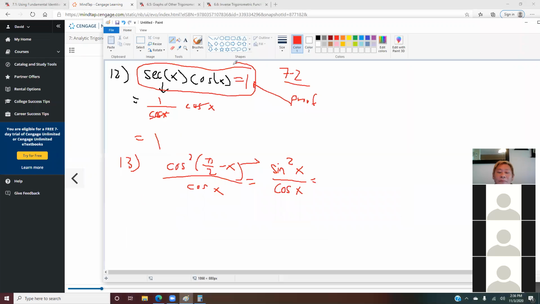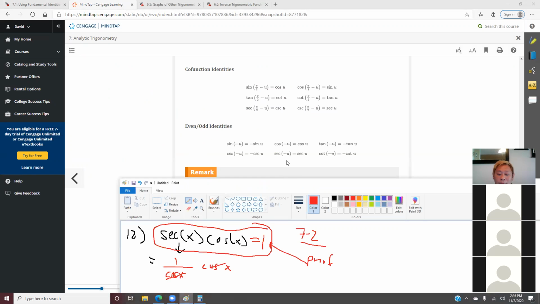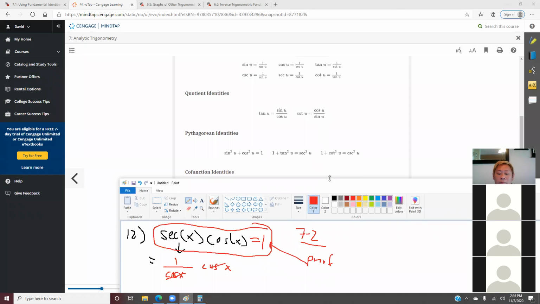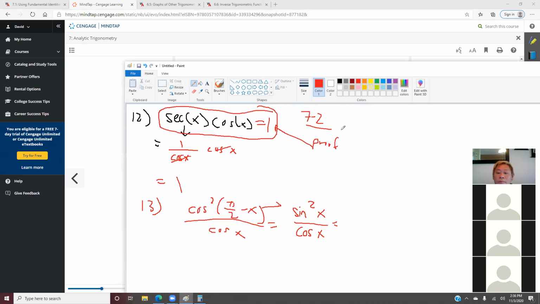What else can we do? That would be tan u, wouldn't it? Sine squared can break into two, so it'd be sine x times sine x, all over cosine x.